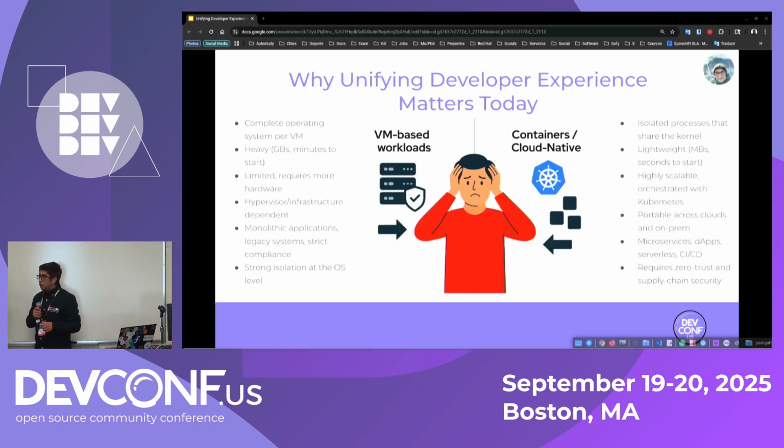Why do we need to unify? Before, let's call it legacy or in VMs, you have a full system operating with all the libraries and everything in place. Basically, every application uses a lot of memory, RAM, and they used to take memory in gigabytes.